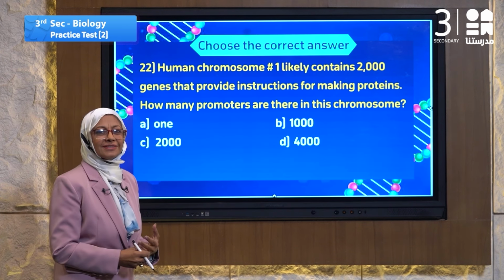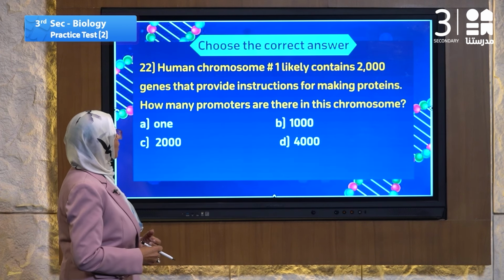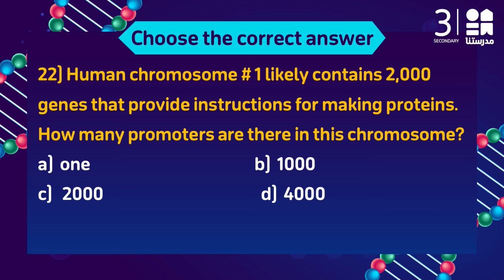Question 22 is about numbers. I like numbers, and I will go with you through it. Let's go to human chromosomes. Yes, another chromosomes. Chromosome number 1 likely contains 2000 genes that provide instructions for making protein.